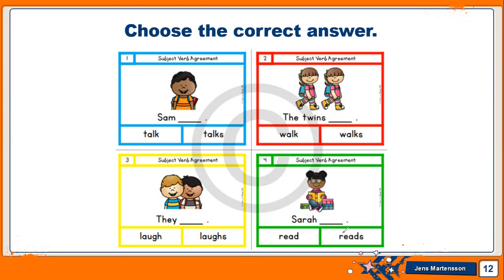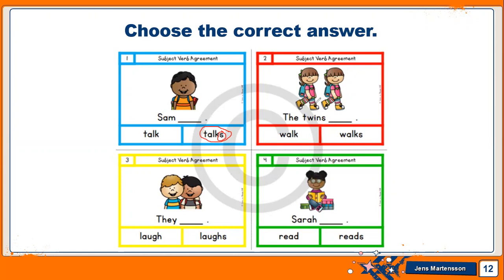All right, so let me discuss the first one with you. Sam is one person, singular subject. So I need to choose talks. Why talks? Because singular subjects should take the actions or the verbs mainly that end with an S. In the present tense, the verb should end with an S when the subject is singular. Let's look at the second one.